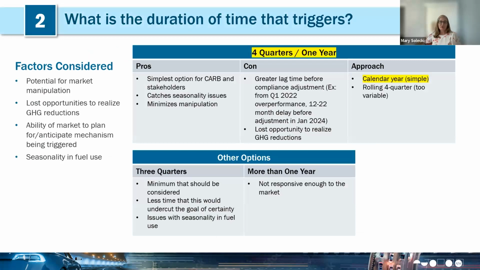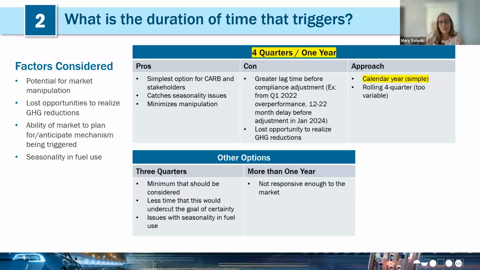So looking at the duration of time that should be considered and whether or not to trigger the mechanism, we wanted to decide if this should look back on 2 years of information or 3 quarters. And where we came out is that the calendar year is not only the simplest, but it's probably the right amount of time. If you're doing less than a full calendar year, you're not going to fully capture some of those seasonality issues that Colin highlighted.